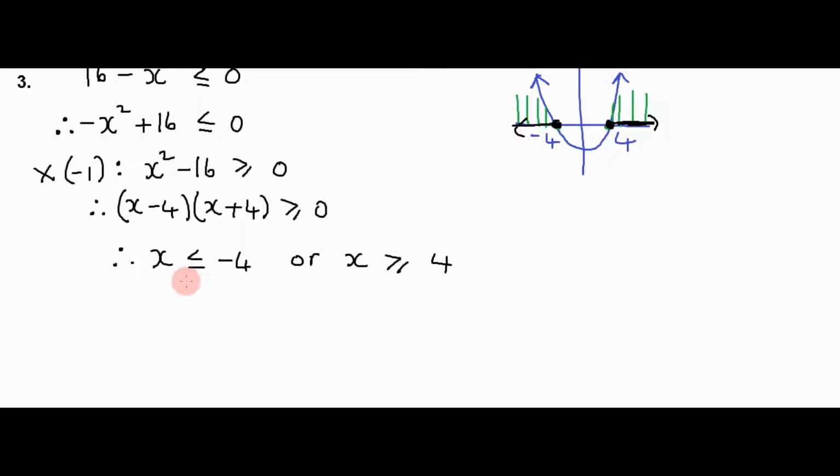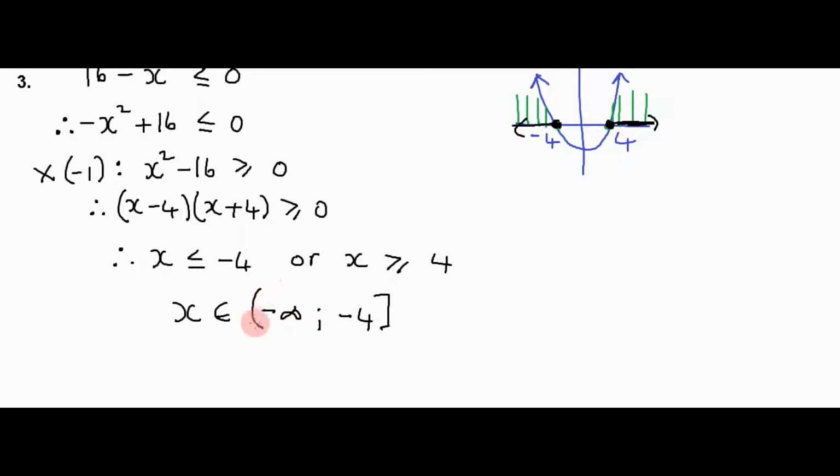So x will be an element of the union of the two intervals. Now x values less than or equal to negative 4 we can illustrate with this interval going from negative infinity to negative 4, but including negative 4.